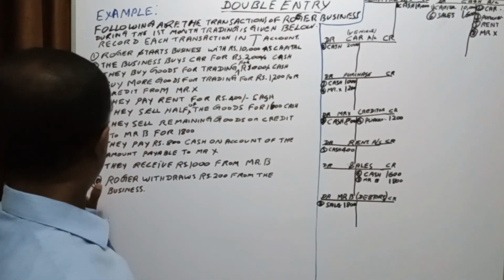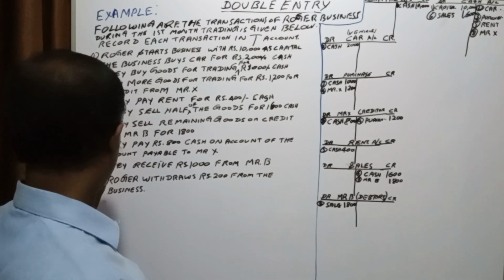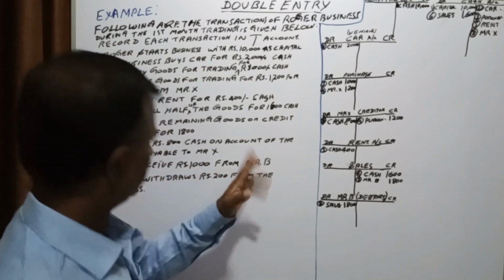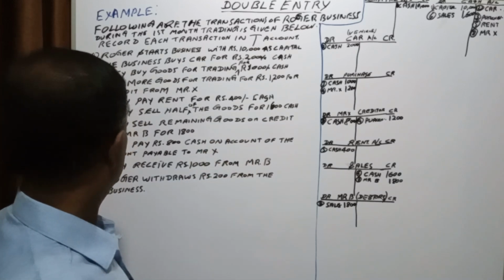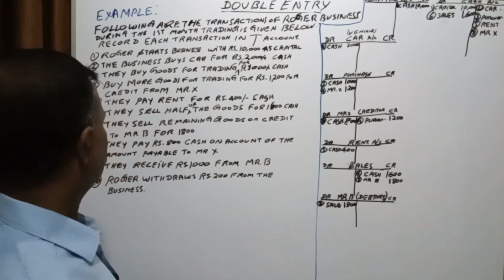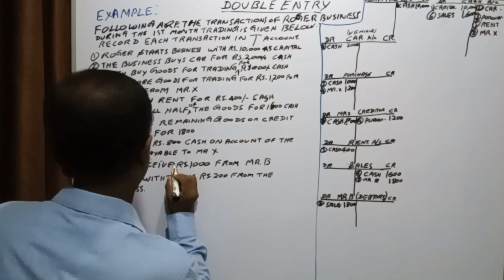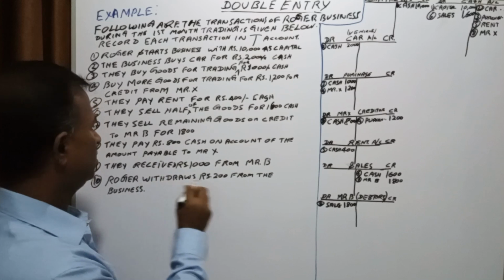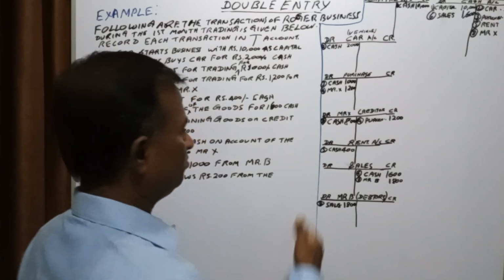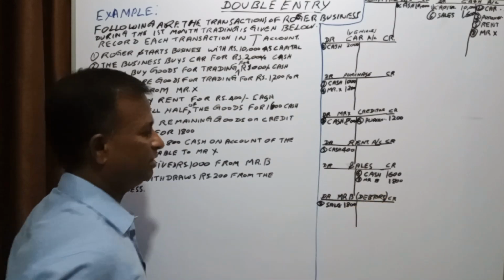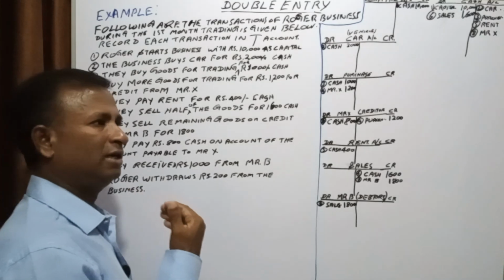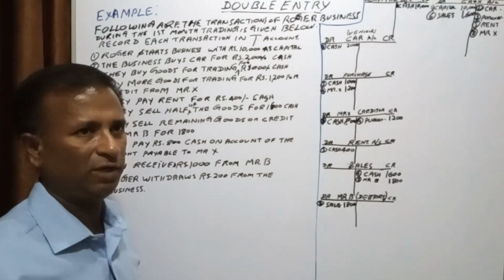Okay. Adjustment number 9 is the receivable rupees 1000 from Mr. B. We have received rupees 1000 from B. B is the debtor.